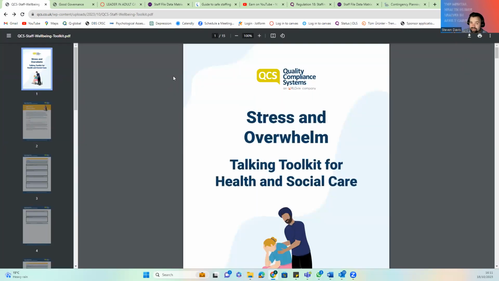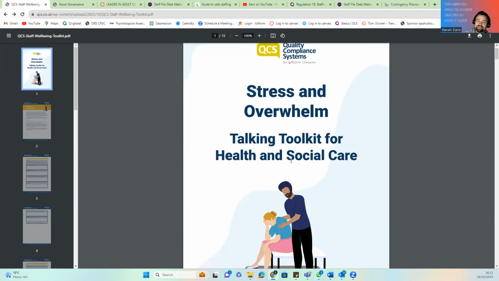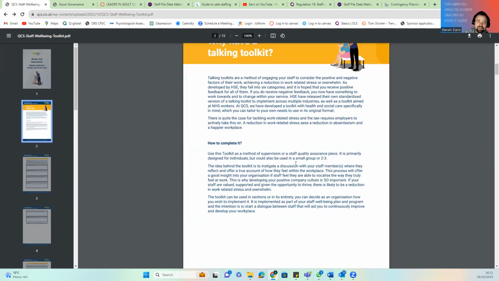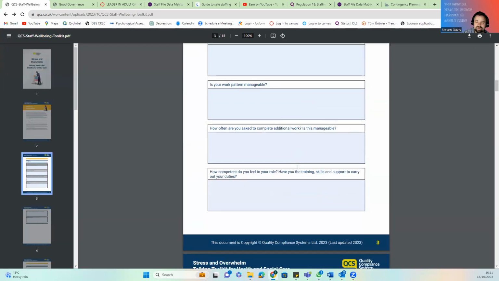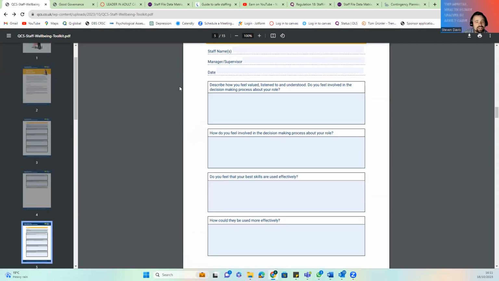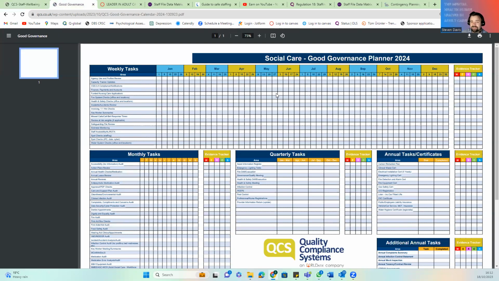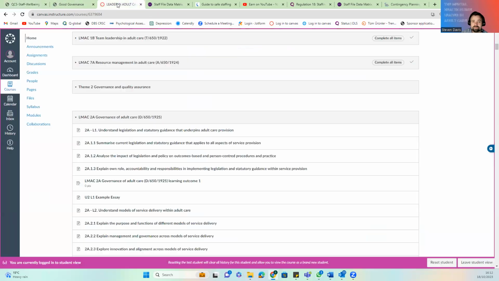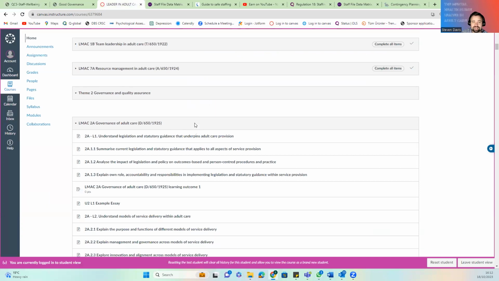I'm not endorsing QCS as a compliance system, but again, if we think about retention of staff, doing a stress survey and looking at their well-being is really important for showing staff that they feel valued. And there's a lovely tool there. And next week, we're going to be looking at governance. So here's a governance tool as well. So we'll add that in.